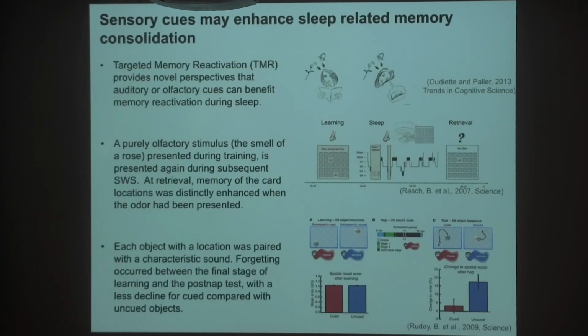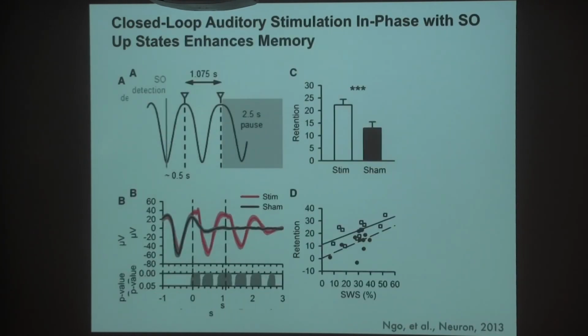Now, in the remaining very short time of my talk, I would very briefly talk about a more recent project which involves stimulation. Some of these slides have been discussed already, and basically the idea behind it is that different types of sensory cues are known to promote replay and consolidation. It could be olfactory cues, it could be auditory stimulation. For example, two studies I would like to mention.